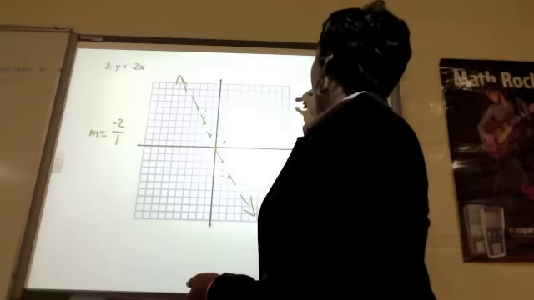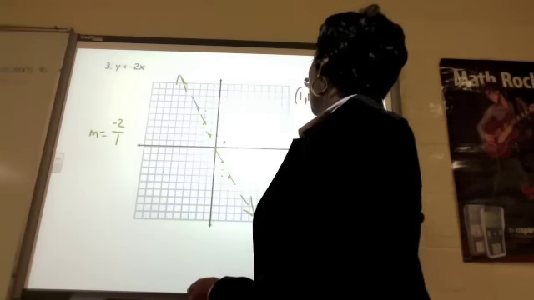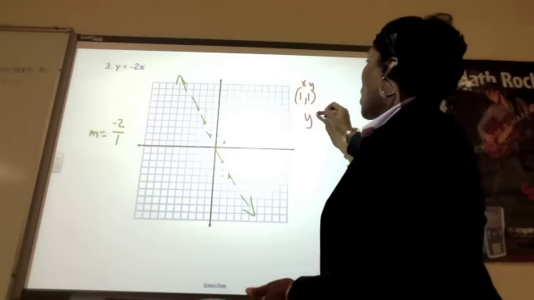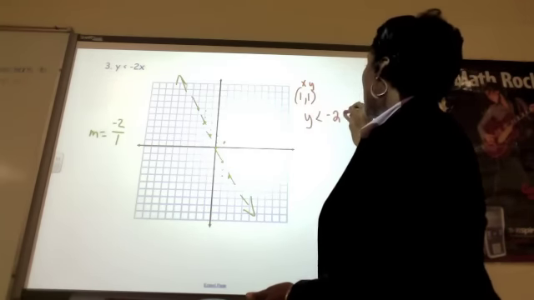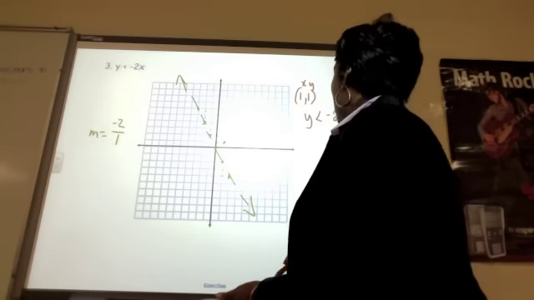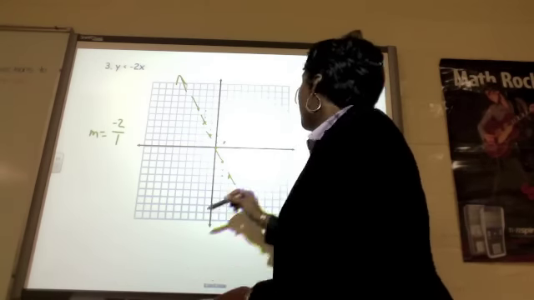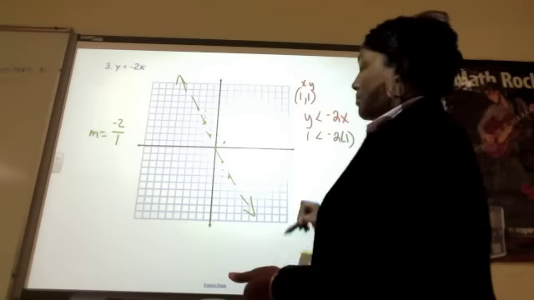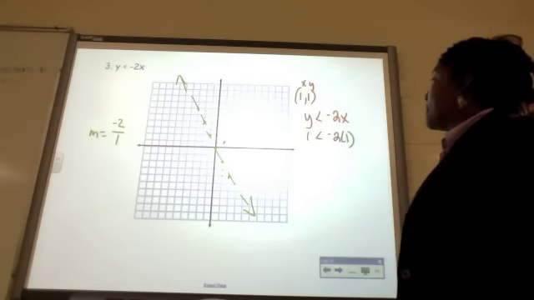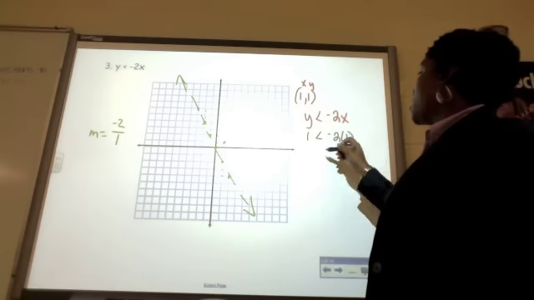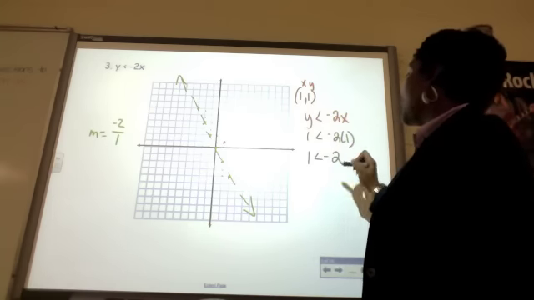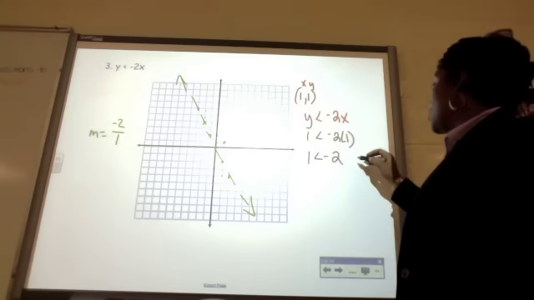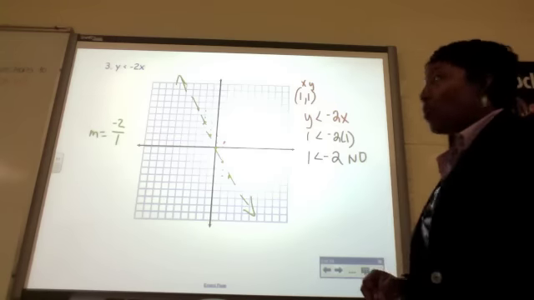Again, this is my x, that's my y. My inequality is y is less than negative 2x. I'm going to substitute: 1 is less than negative 2 times 1. Negative 2 times 1 is negative 2, so 1 is less than negative 2. No, that's not right.